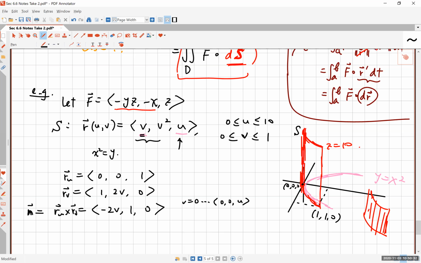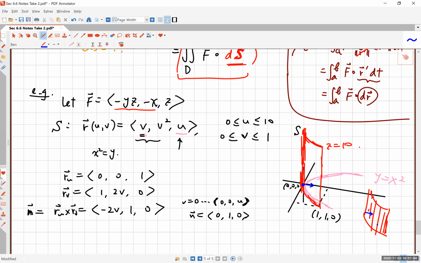If v is equal to 0, the point that I'm at is 0, 0, u, where u is going up and down. At any point, the normal vector at this point is negative 2v, which is 0, and then 1, 0, right? So if you pick the origin, which is when u is also equal to 0, this vector is 0, 1, 0. It's going in this direction.